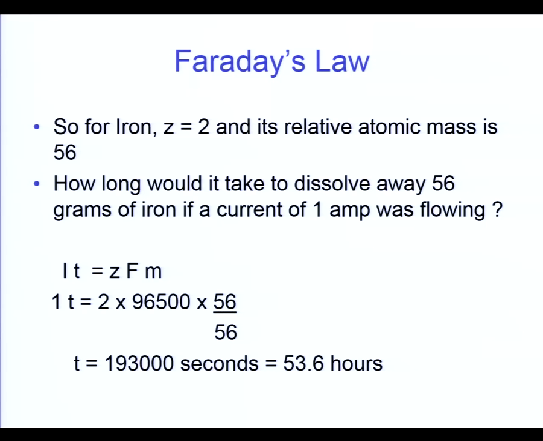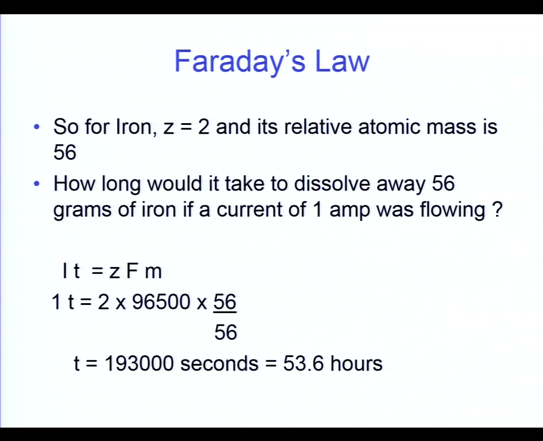And then we can work out how long it will take in this situation to dissolve away 56 grams of the iron. As it turns out in this example, 56 grams of iron, the relative atomic mass is 56 as well, which means that this is 1 mole of iron atoms which are being corroded away.